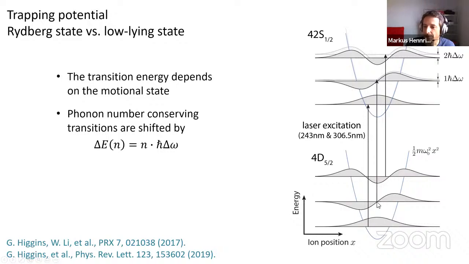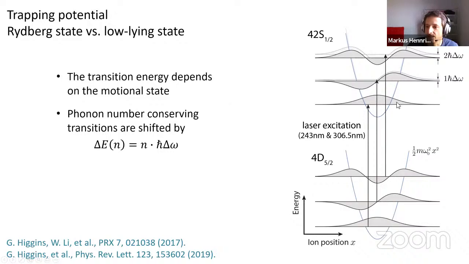However, if you go from 1 to 1, you will actually have a slightly different frequency due to this change in trapping potential, because the difference in energies here is slightly different than the difference in energy down here. So you will have one frequency going up here, and a slightly different shifted frequency going here, and a little bit more shifted frequency there. So the shift is n times h bar delta omega, the change in trapping frequency here.